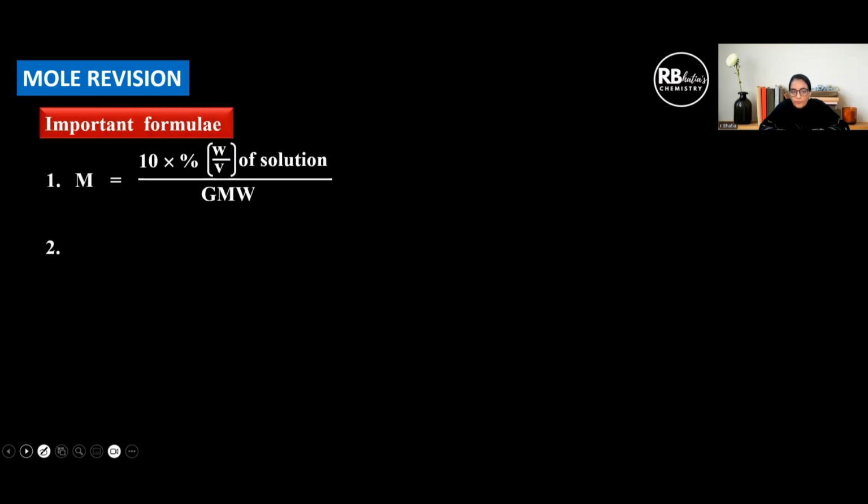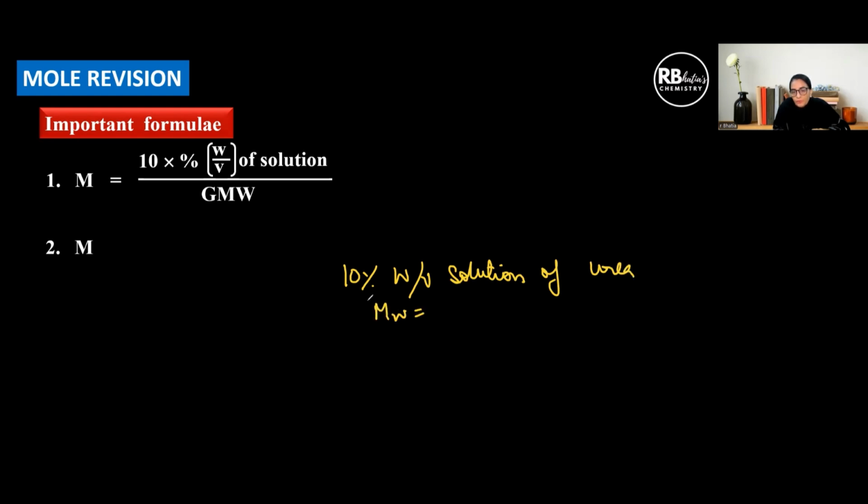Another important formula that we use is molarity is equal to 10 into percent weight by volume of solution upon gram molecular weight. So let us suppose you are given a 10% weight by volume solution of urea. The molecular weight of urea is 60. If this is given and you are asked molarity, what are you going to do?